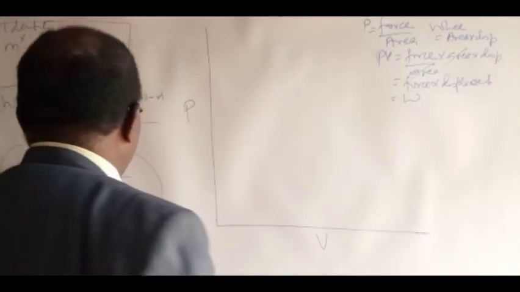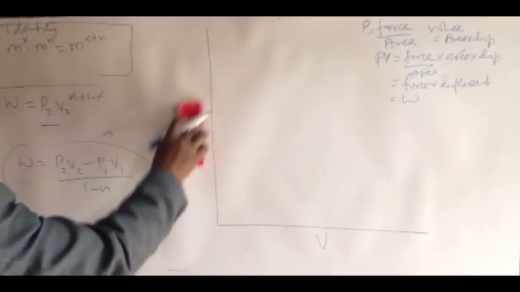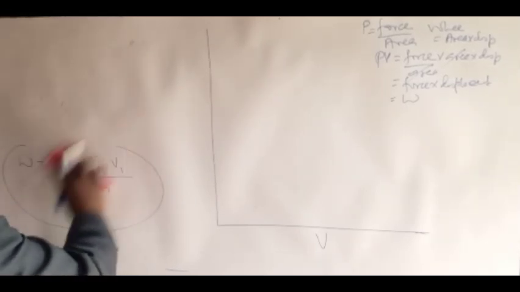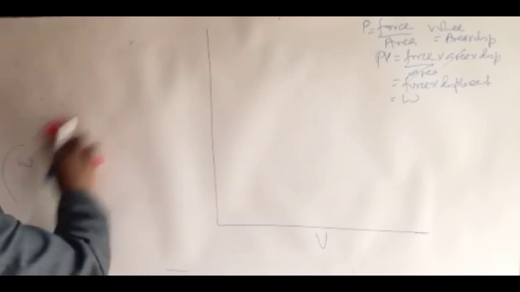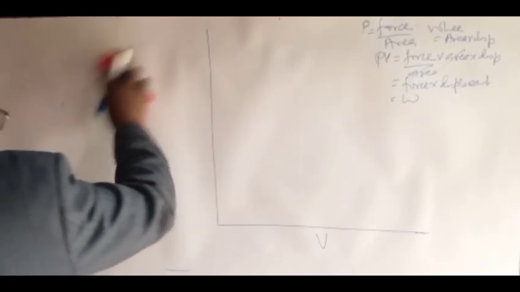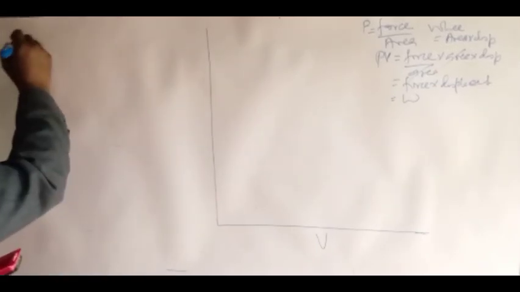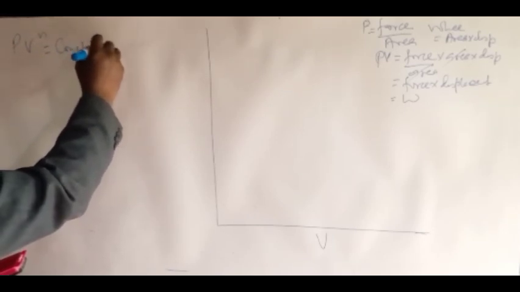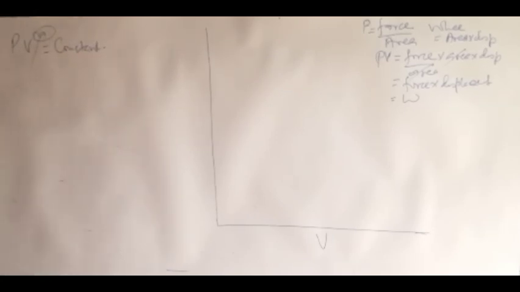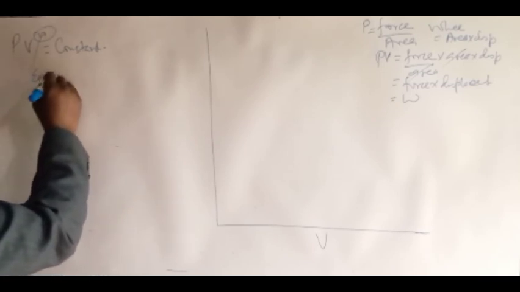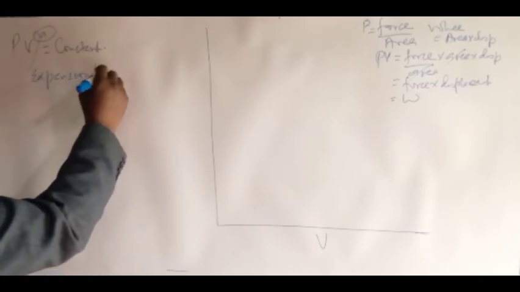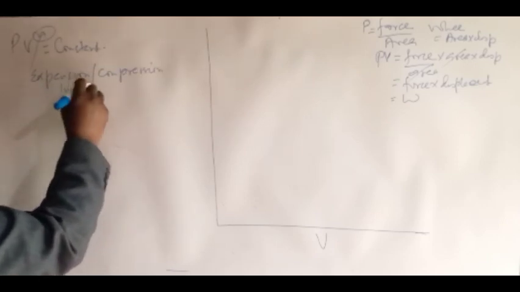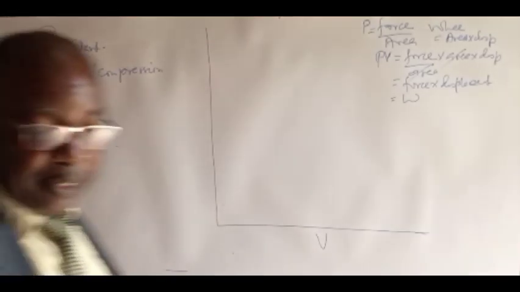Now, when we go to the equation, that index of the polytropic equation, we said PV^n is equal to a constant. This n is sometimes referred to as the expansion or compression index, or the index of the polytropic equation.